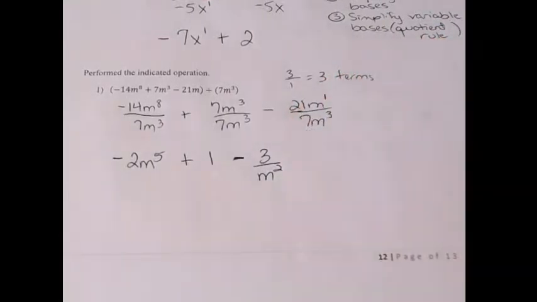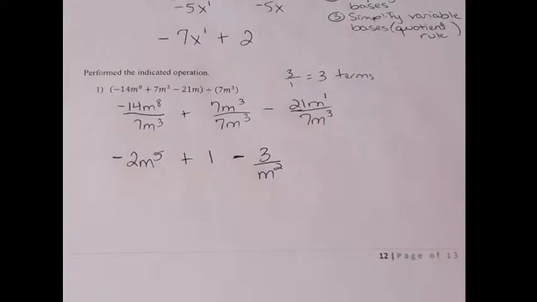And that is our solution. Notice that it is okay for us to have a fraction in our solution. That's totally fine. It just happened to end up this way because the degree in our denominator was larger than the degree in our numerator for our last term.